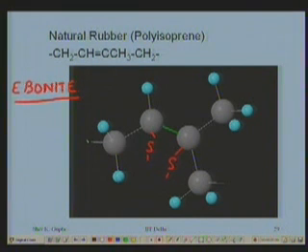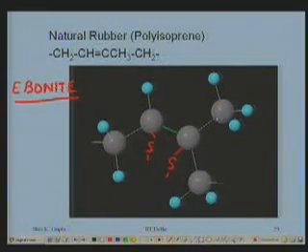And then there are two forms of this material, isoprene. In one case, this CH3 group is always coming on one side of the chain. That's called the cis arrangement, or the cis polyisoprene. That is what my rubber is.